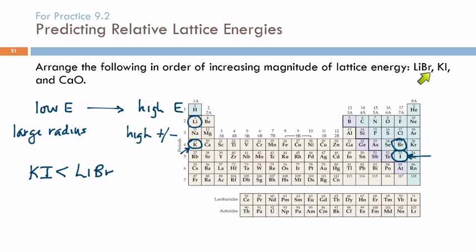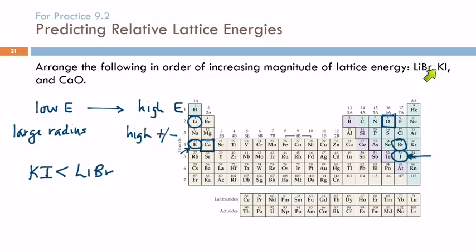How do these guys compare to calcium and oxygen? Well, the sizes, here we've got calcium and here we've got oxygen. So the calcium is bigger than the lithium and the oxygen is smaller than both of those, but the charge has a bigger effect than the radius because you've got the charge of both of them multiplied.